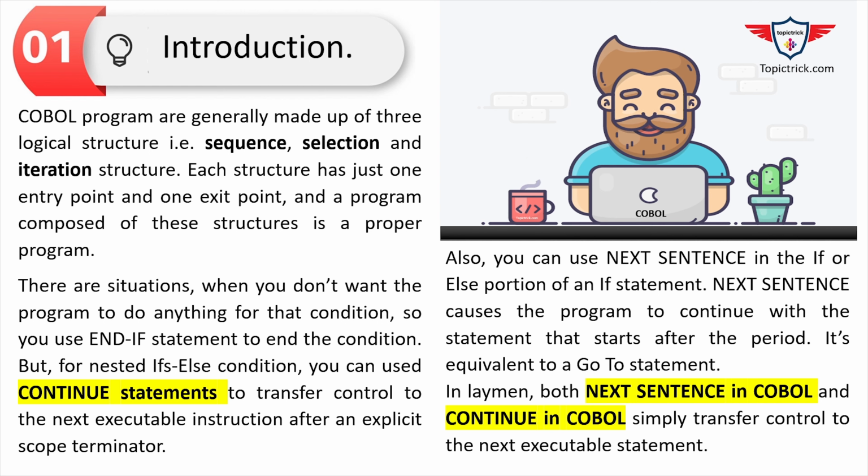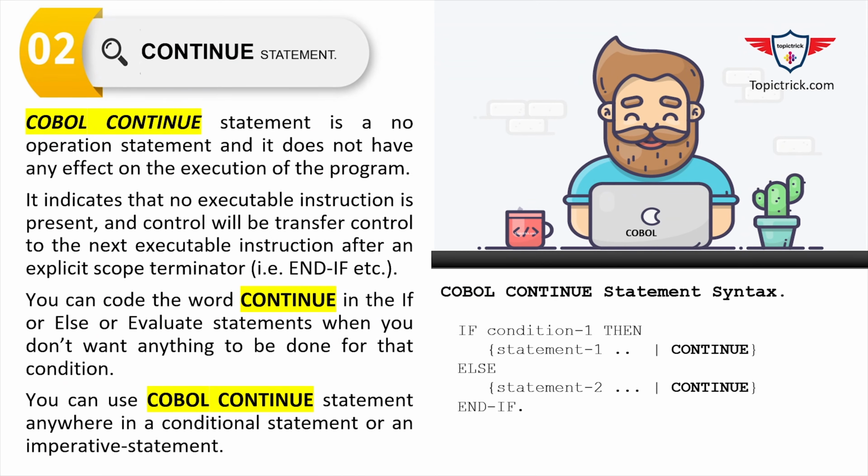The significant difference is that the COBOL CONTINUE statement transfers control after the explicit scope terminator, and COBOL NEXT SENTENCE transfers control after the period. Finally, in layman's terms, both NEXT SENTENCE and CONTINUE simply transfer control to the next executable statement. Now, let's move on to the next section where we'll discuss the COBOL CONTINUE statement in detail.